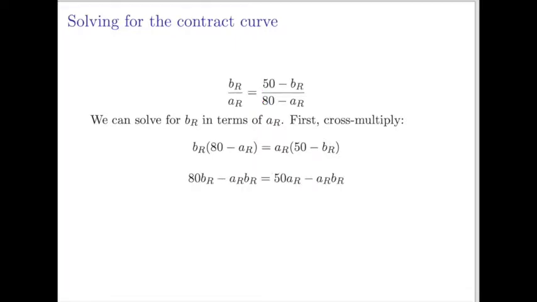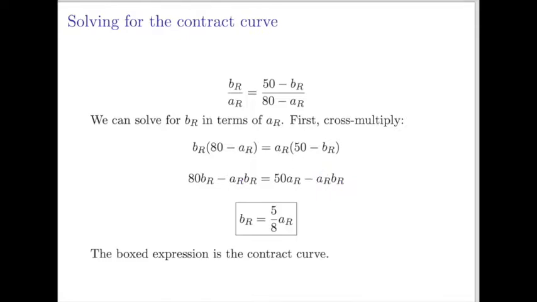So expand that out. 80 times BR minus AR times BR has to equal 50 times AR minus AR times BR. Well, these guys cancel out. So dividing through by 80, BR is 5 over 8 times AR. This tells us what the contract curve is.